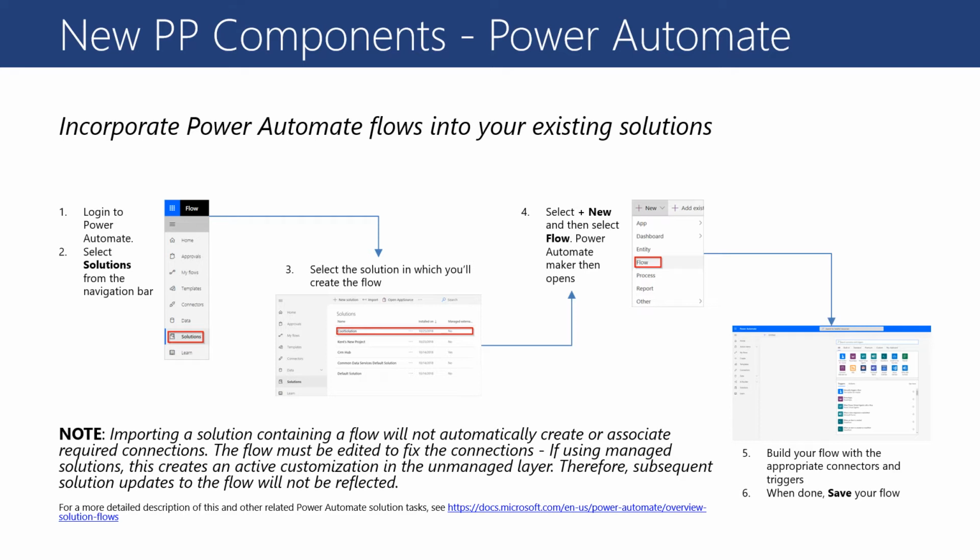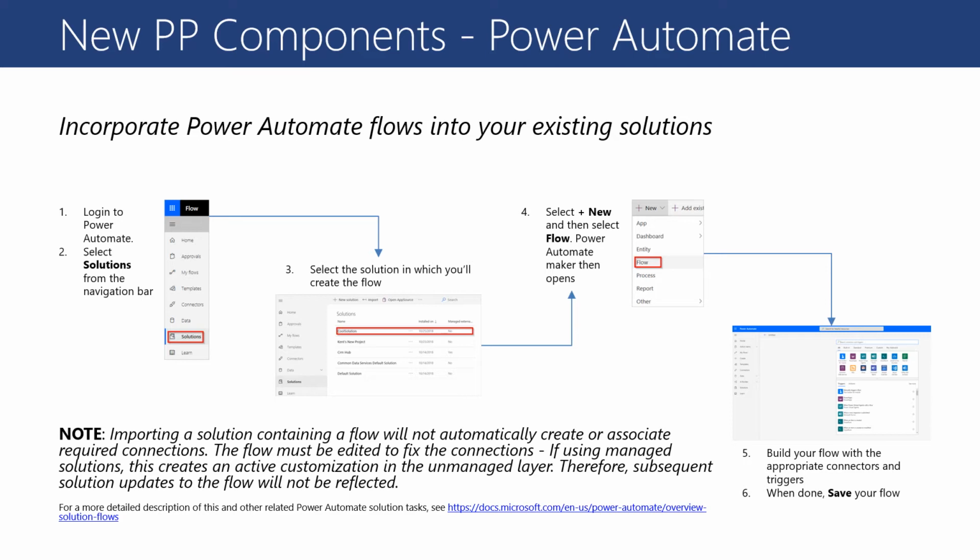It's important to note, importing a solution containing a flow will not automatically create or associate required connections. The flow must be edited to fix the connections. If you're using managed solutions, this creates an active customization in the unmanaged layer. Therefore, subsequent solution updates to the flow will not be reflected. For a more detailed description of this and other Power Automate tasks, please see the link at the bottom of this page.